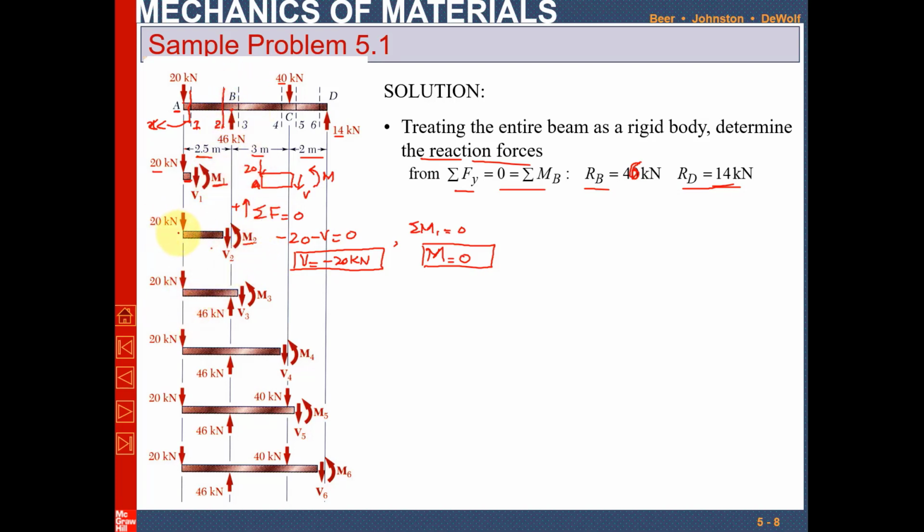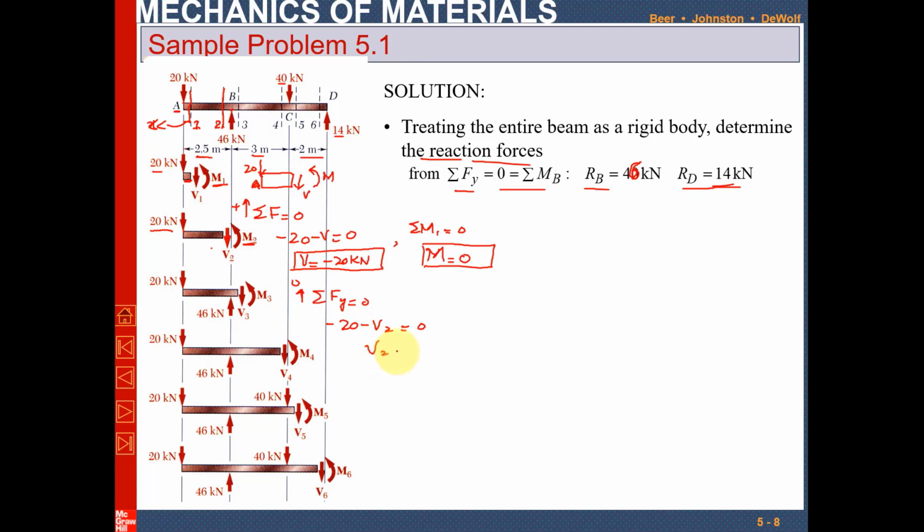You can see at point A the 20 kilonewton load is given. Before point B, if you cut it, there will be a reaction at point 2, which is V2, and a reaction moment M2. Again, applying the sum of all forces along the y direction equal to 0, you can see only the force 20 kilonewton, that is minus 20, and minus V2 is equal to 0.